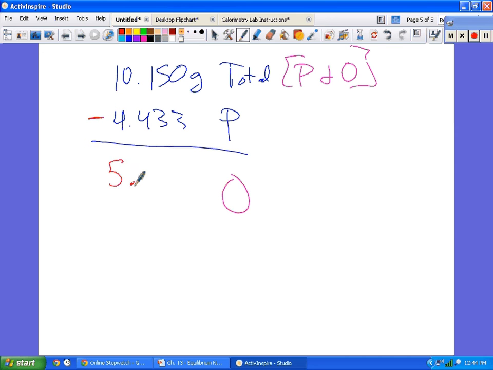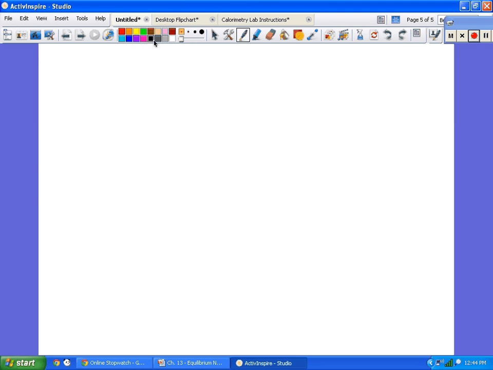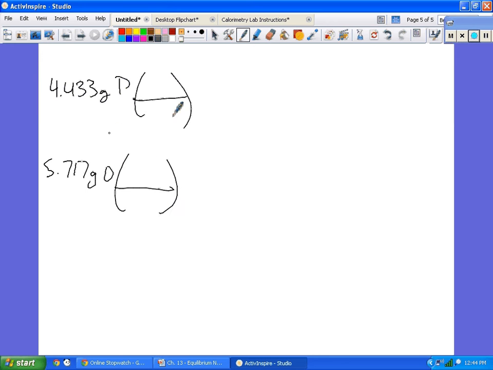So now do you have your masses? What will you do with these two masses? Convert them to moles. So let's do that. 4.433 grams of P, and 5.717 grams of O. That's what I have. So grams to moles.